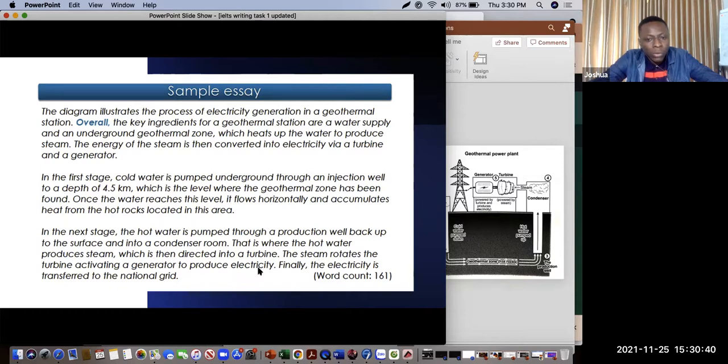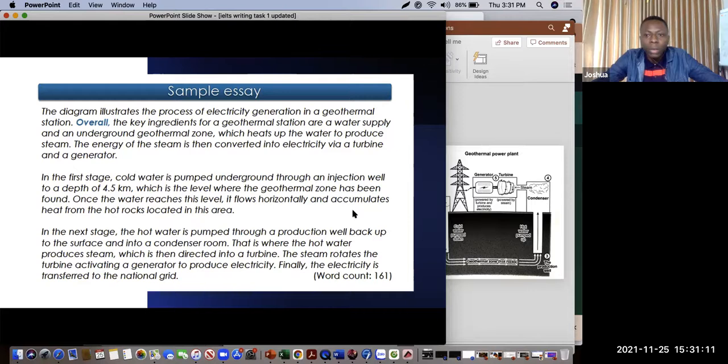The steam rotates the turbine, activating a generator to produce electricity. Finally, the electricity is transferred to the national grid. So 161 words, at least 150, it's okay, it's good.